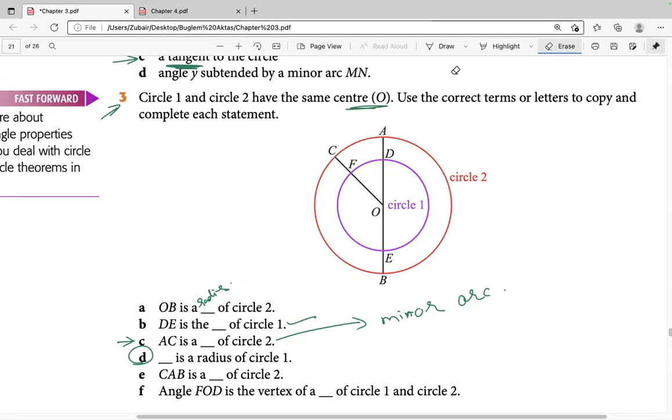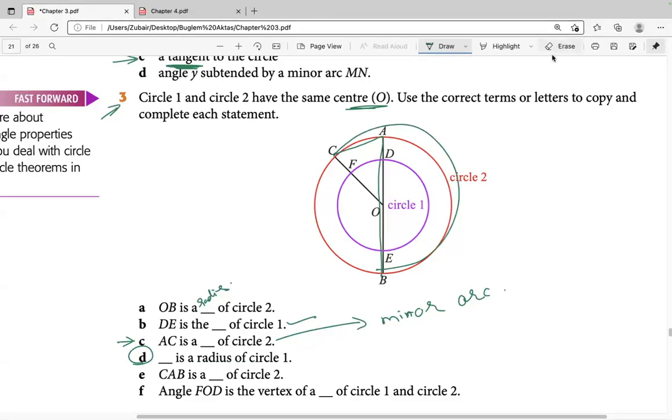AC, because for an arc, two letters are also enough. Like if I say CB, I can say CB minor arc, then there will be no confusion. If I say CB major arc, then again there will be no confusion. We'll know which two elements we're talking about. And when we mark CAB, CB major arc explains it itself.